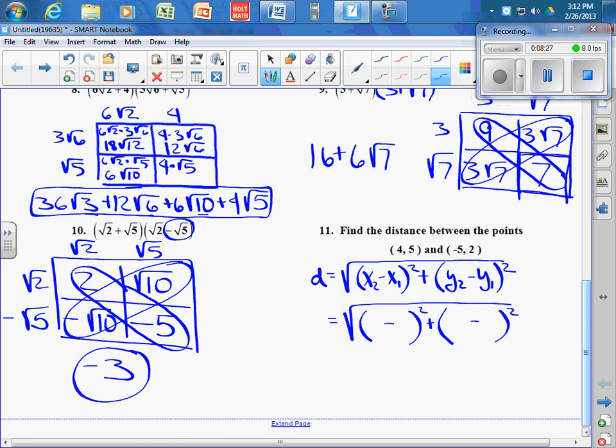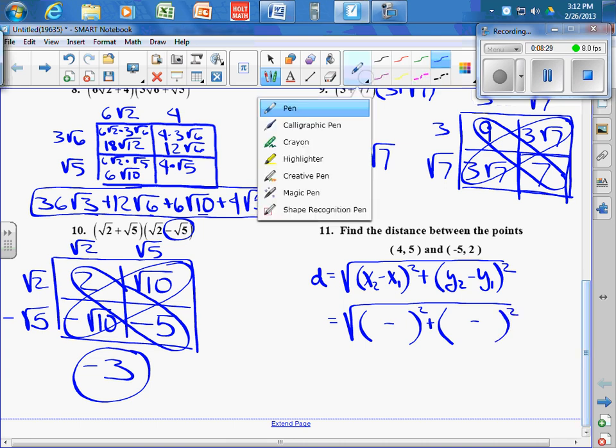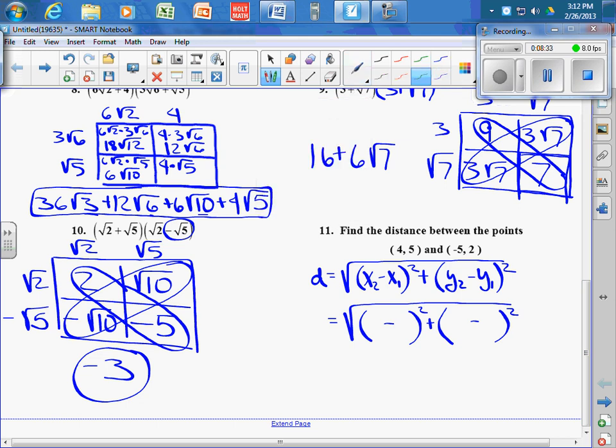Now, what are the numbers that go in here? Well, the x2 is this x here, negative 5 minus 4. And then the y's, I'm going to be taking 2 minus the 5. Let's figure this out.